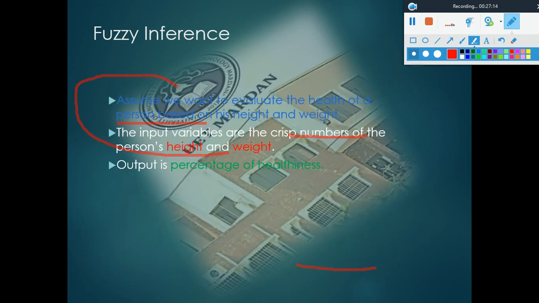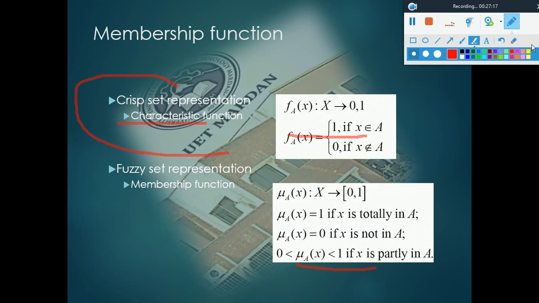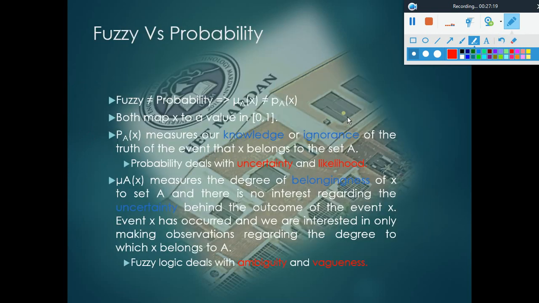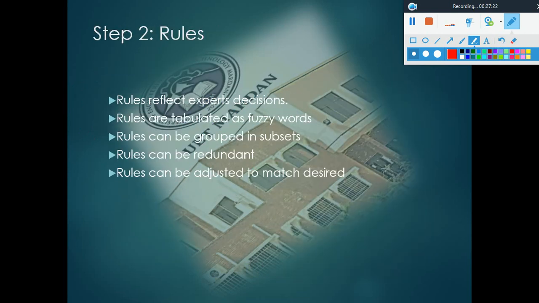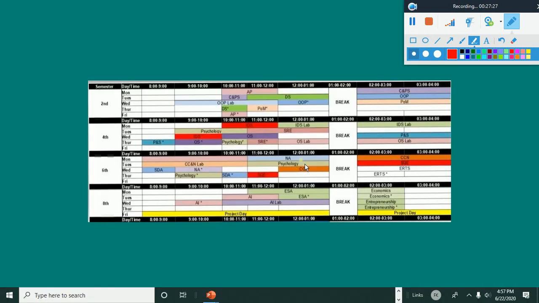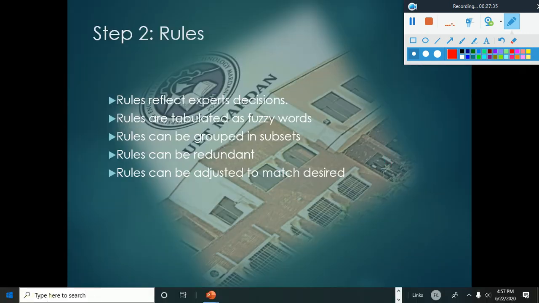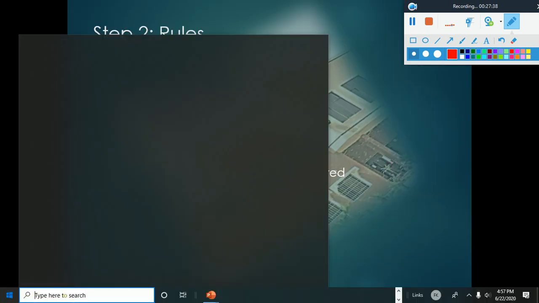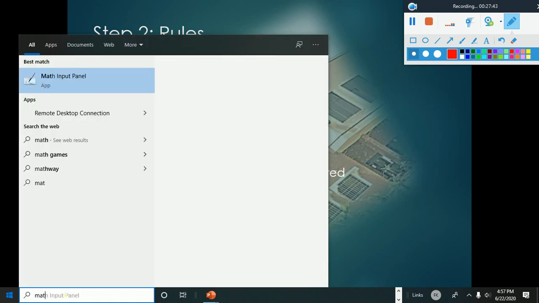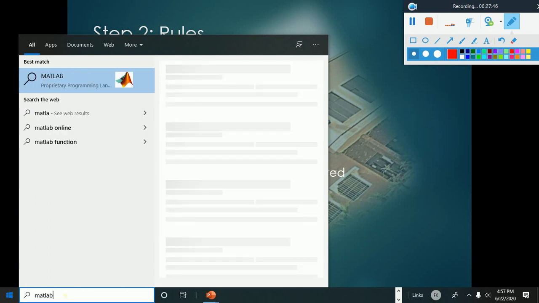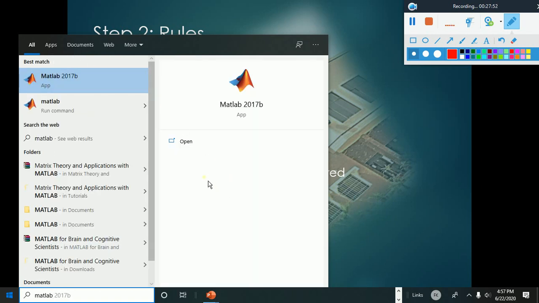Now we will implement this example with fuzzy logic. For that you need Matlab, and I have Matlab.